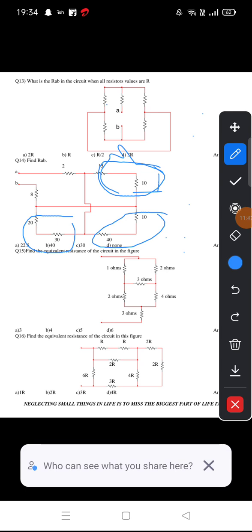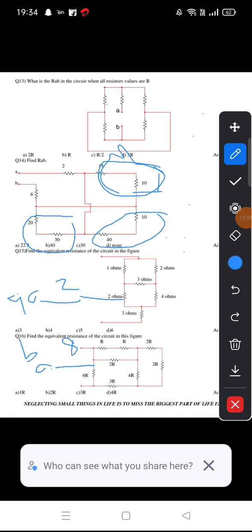Already we know that we have a total of 4 nodes, right? That is A, with a resistor of 2 ohm. Next, this is B, with 8 ohm.